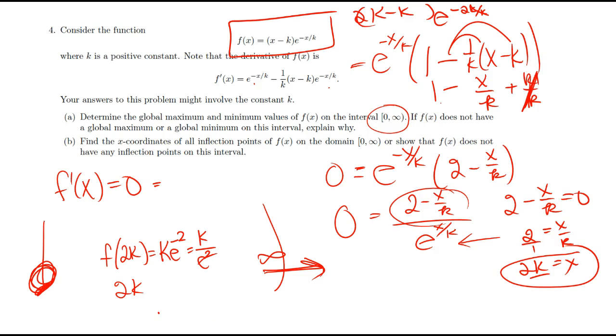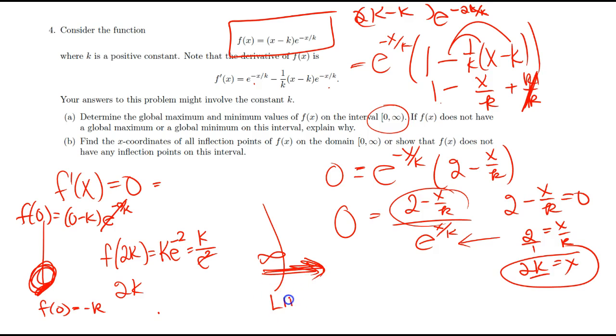All right, let's test what's going on over here. f of 0 is 0 minus k, e to the minus 0 over k, which means e to the 0, which is 1, so it's negative k. f at 0 equals negative k. And let's see what happens as x gets really large.